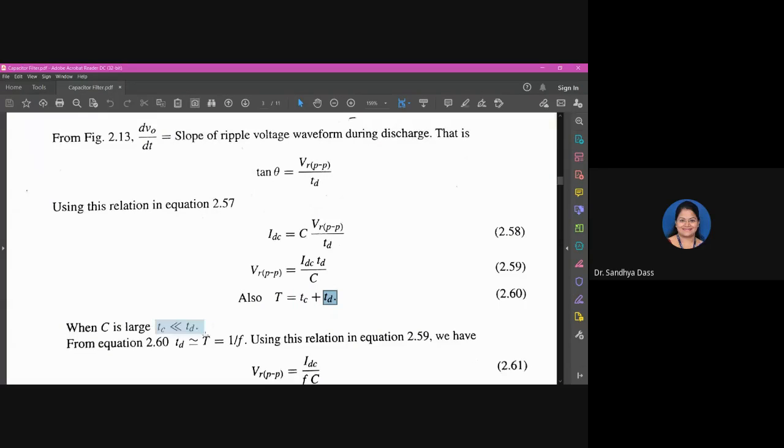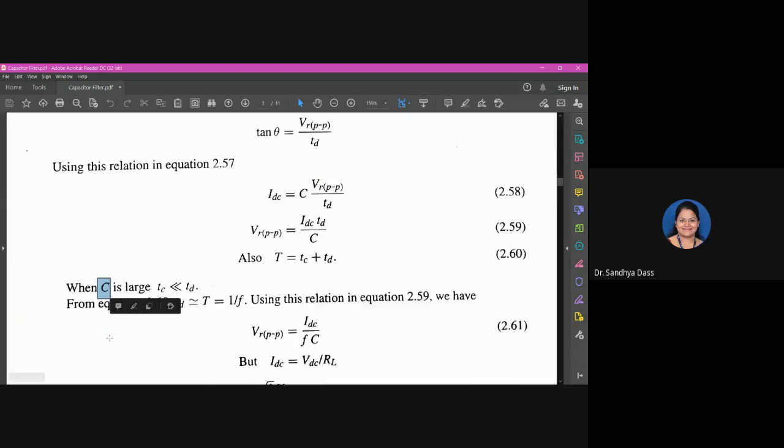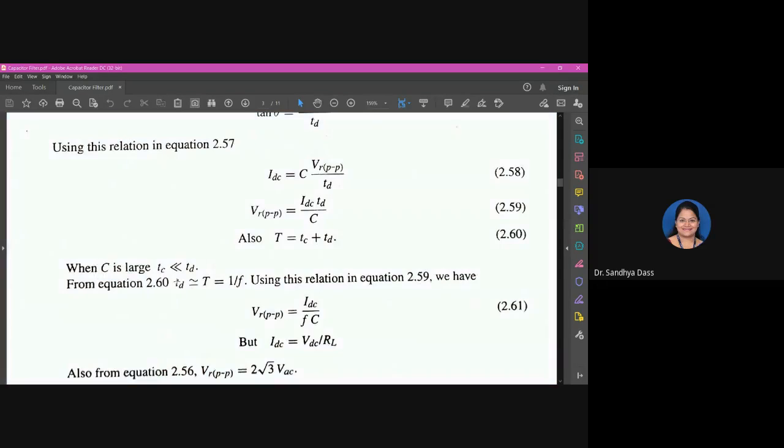So taking TC to be very less, when C is large, isn't it? So TD you can substitute as T from the above equation. When TC is very small, negligible, TD will be equal to T.